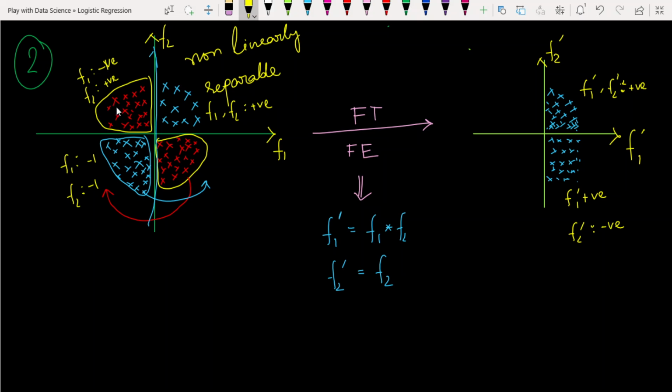So if we write this data as F1 dash, F1 multiplied by F2 means negative, and F2 is positive. So this data will appear here. It is no problem.